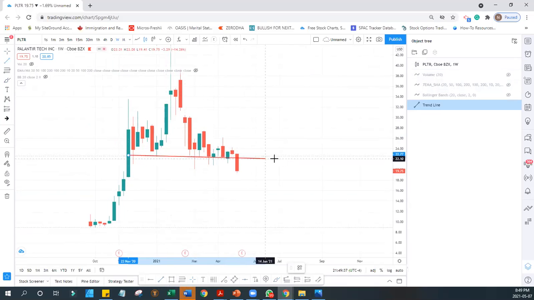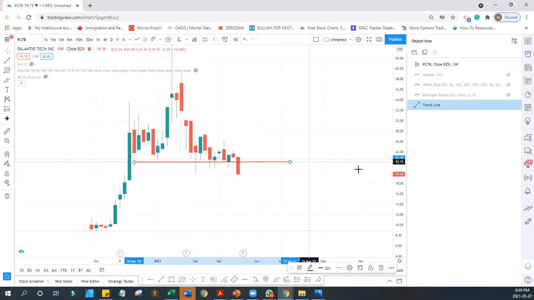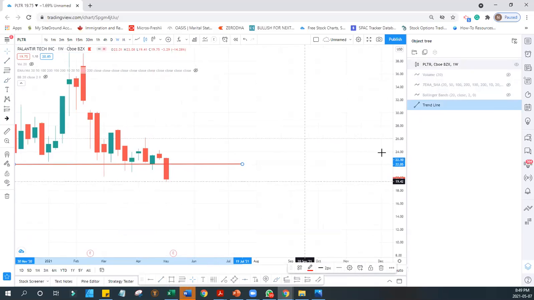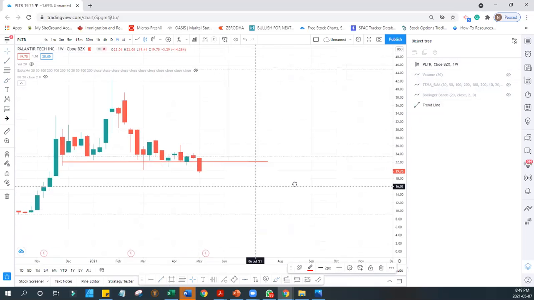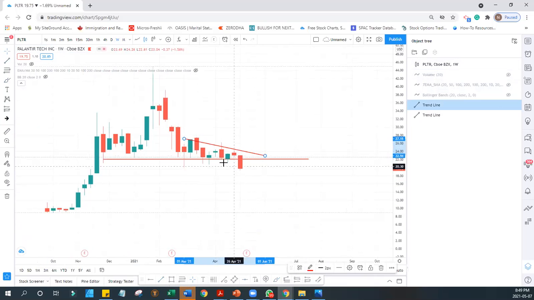What did I say earlier? It follows the bigger time frame. It was taking support here all the time. This is the weekly, and it broke the weekly time frame, like here. Now the next support is $18, and then after that $14.